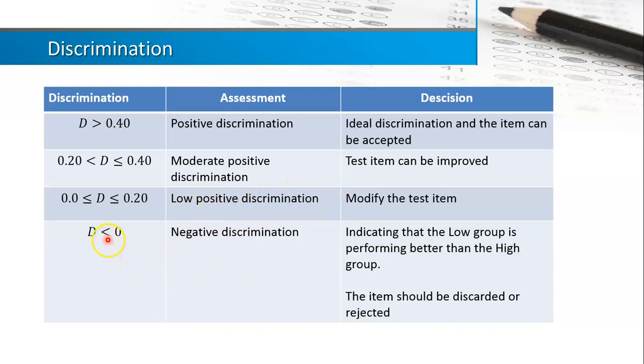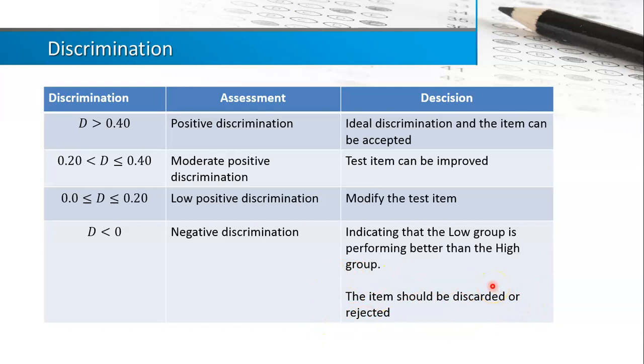Okay, so if your discrimination is negative, meaning to say the low group has a greater score compared to the higher group, this indicates that the item is not good and should be discarded.